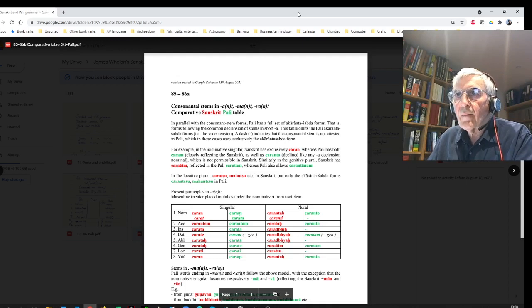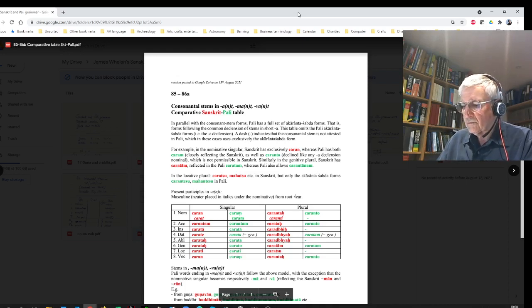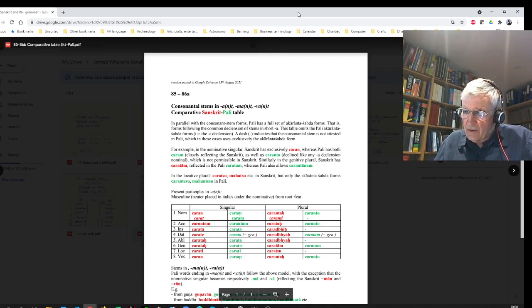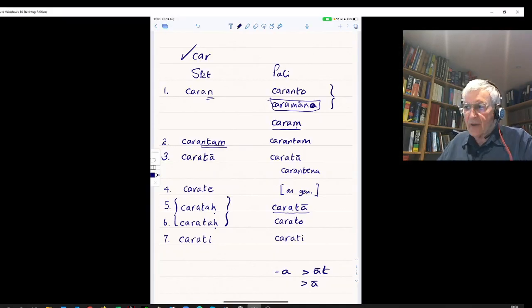And the Pali has, to reflect that, charanto. That charanto looks like the alternative form in the singular, Pali charanto. I'll start that bit again.